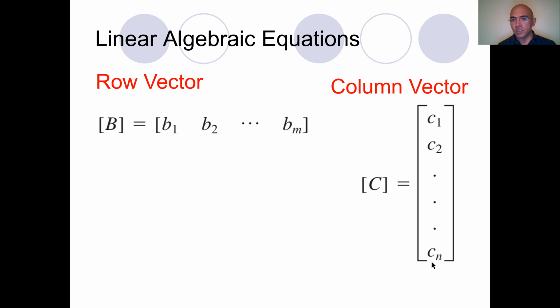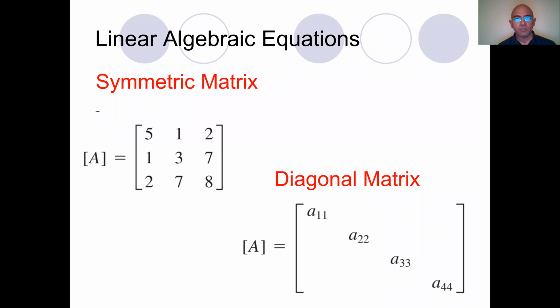Then you have a single column, and it has n members, for example, in this case. Certainly, the row vector is a 1 by m matrix, and the column vector is an n by 1 matrix.